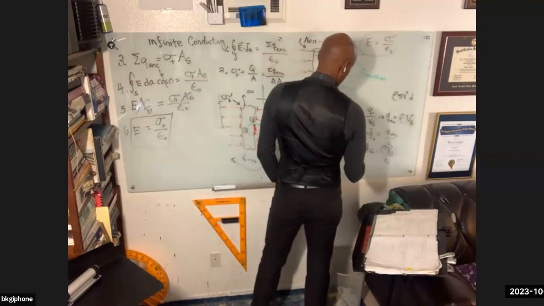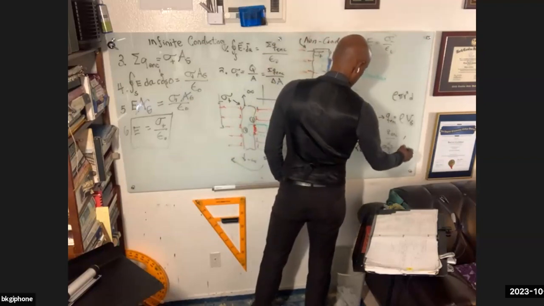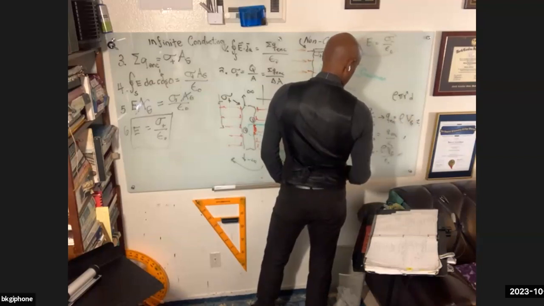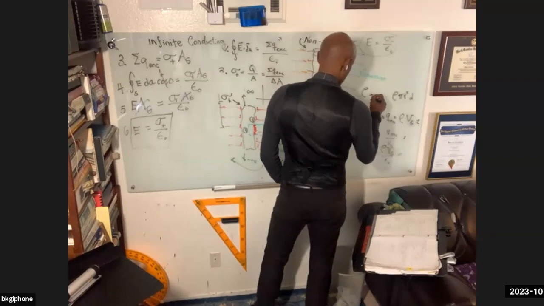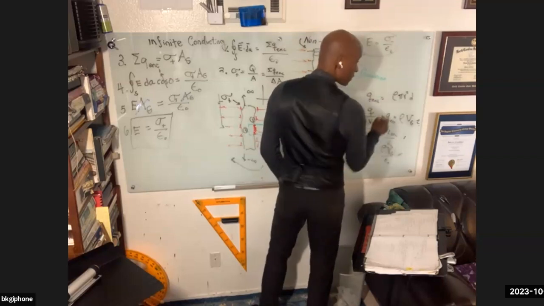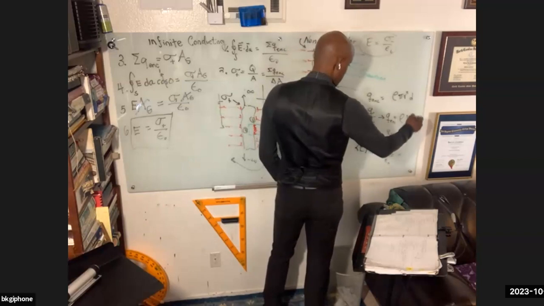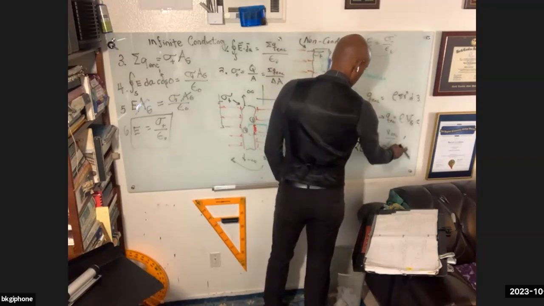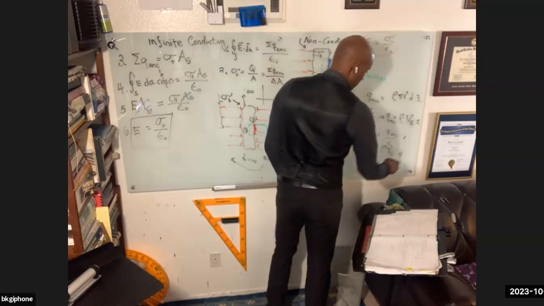Let me number these equations. I started with equation 1, and then I went to equation 2 here to work that out. Call that equation 3, solving for the charge enclosed. So equation 1, 3, and this is going to be equation 4.